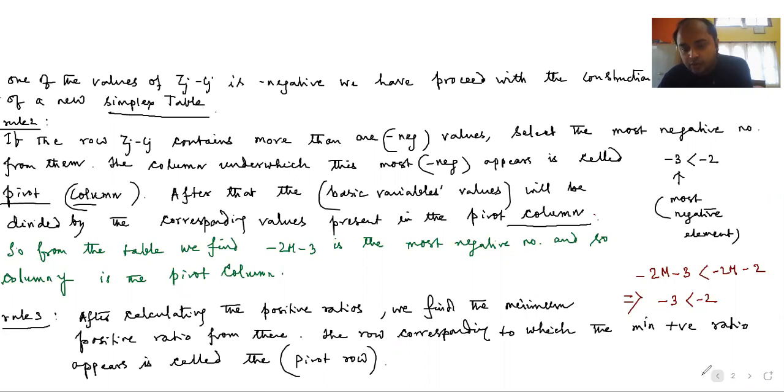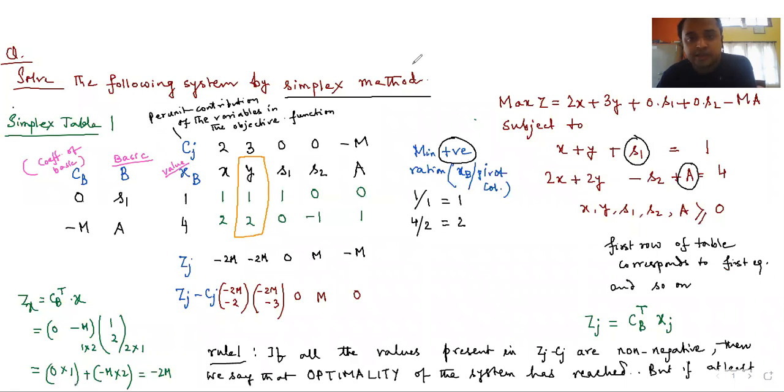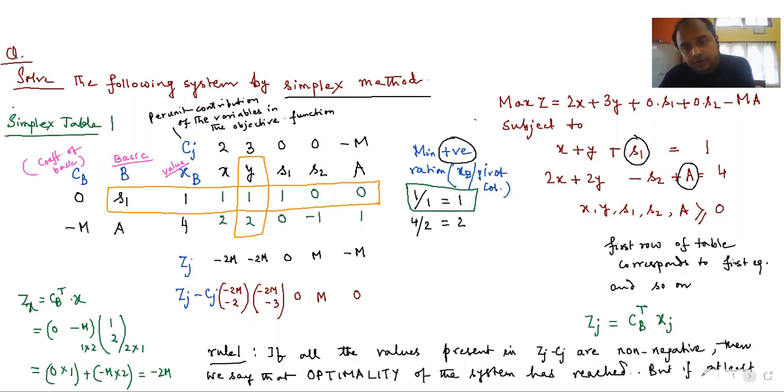Okay, so you see the minimum ratio in this particular case is this one. This is the minimum positive ratio, and therefore it corresponds to this row, and therefore this particular row will be called the pivot row. Okay.